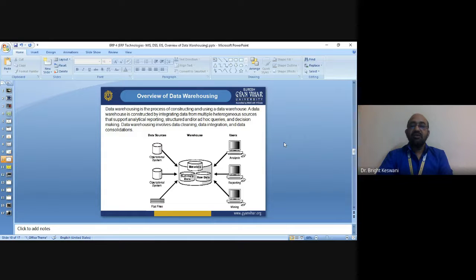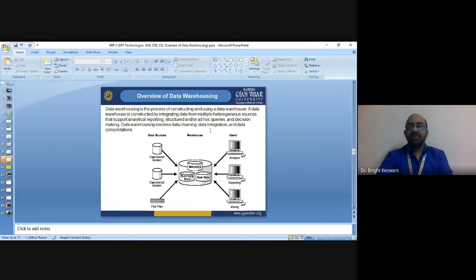A data warehouse is constructed by integrating data from multiple heterogeneous sources that supports analytical reporting, structured and or ad hoc queries, and decision making. Data warehousing involves data cleaning, data integration, and data consolidation.